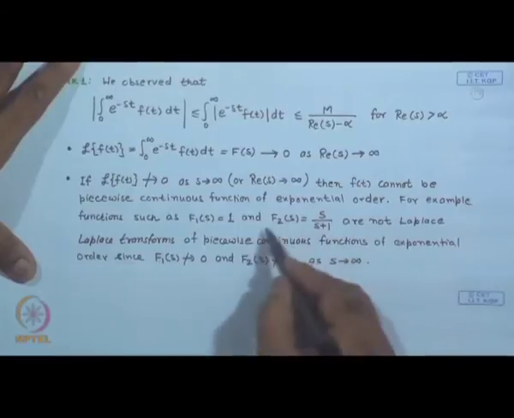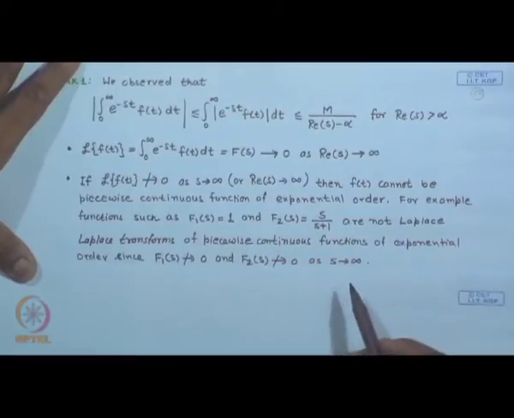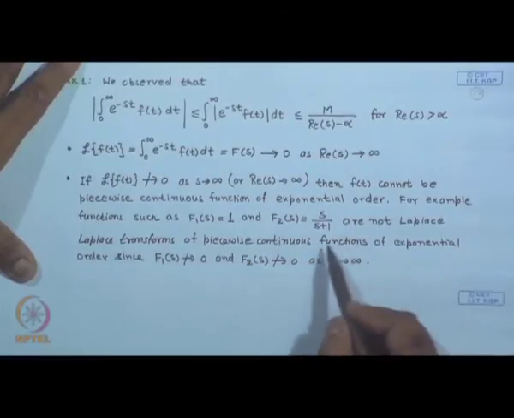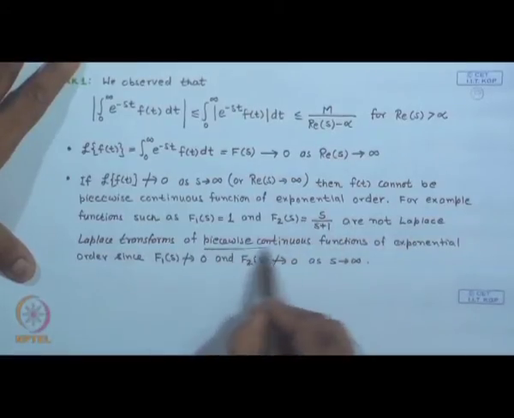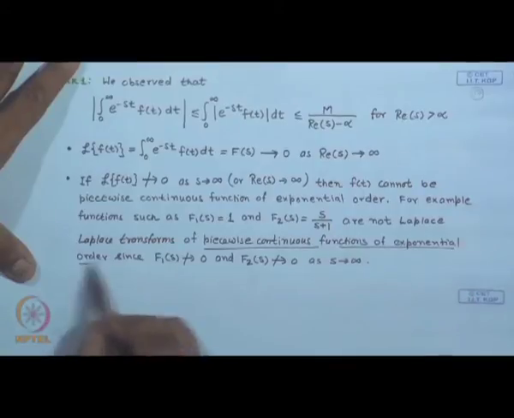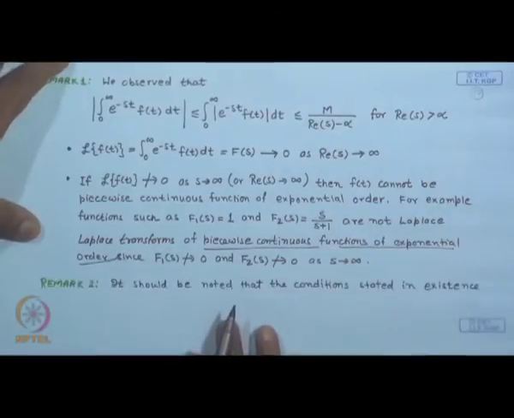But this does not mean that they are not the Laplace transform of any function, but at least they are not Laplace transforms of piecewise continuous functions of exponential order. That we can conclude from here.